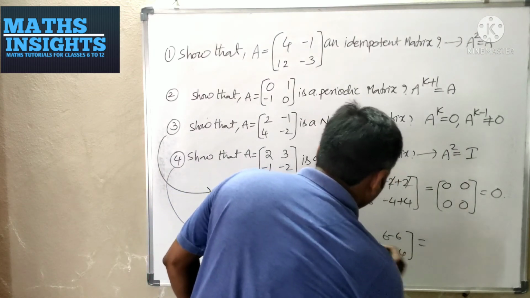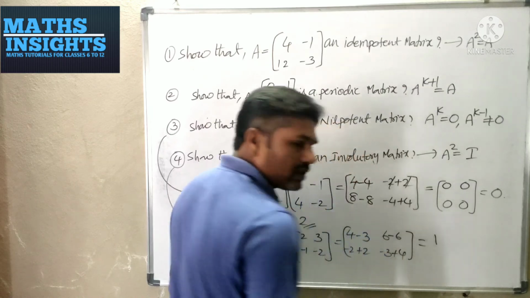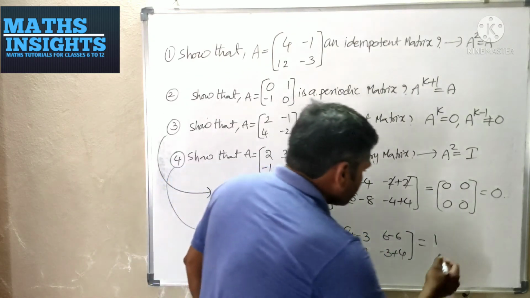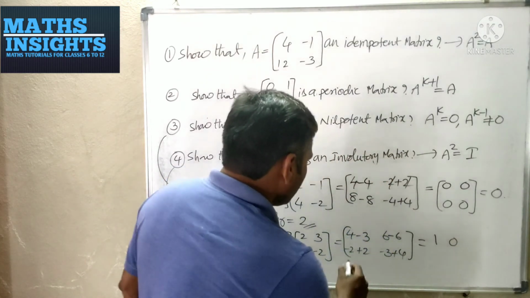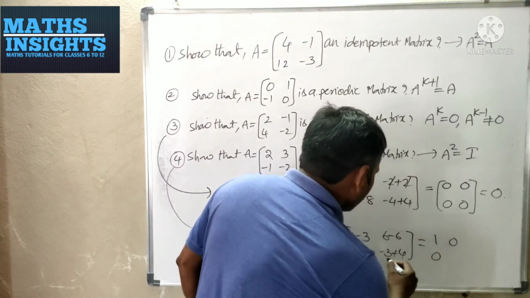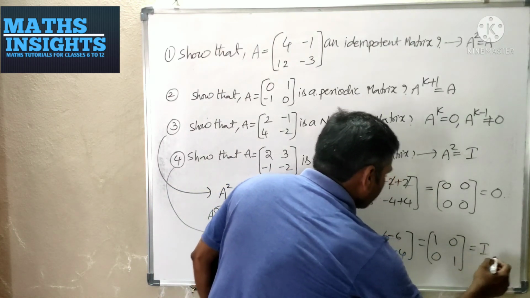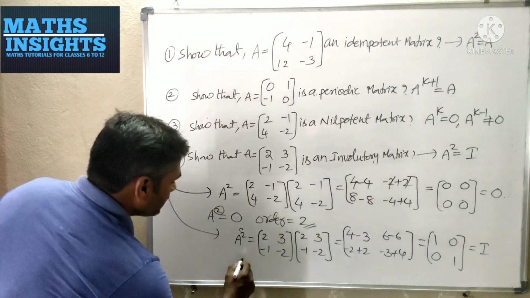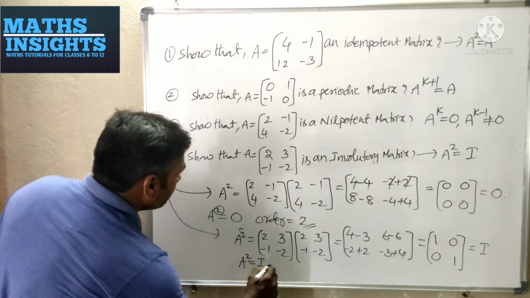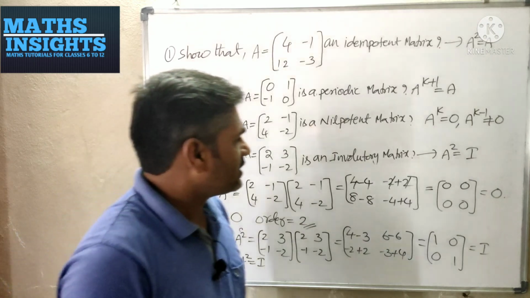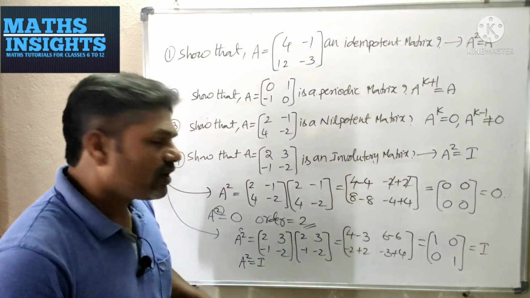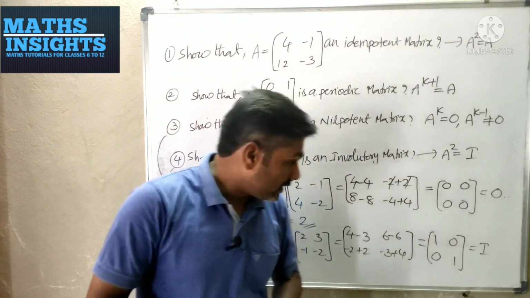So 4 minus 3 is 1, 6 minus 6 is 0, minus 2 plus 2 is 0, and this is also 1. So you are getting I. Therefore A is said to be an involutory matrix. Why? Because A square is becoming I.